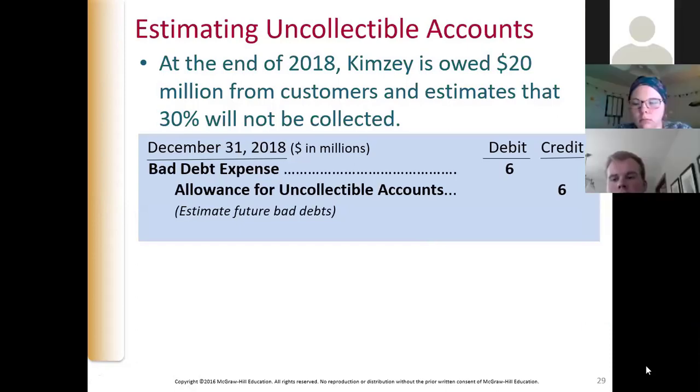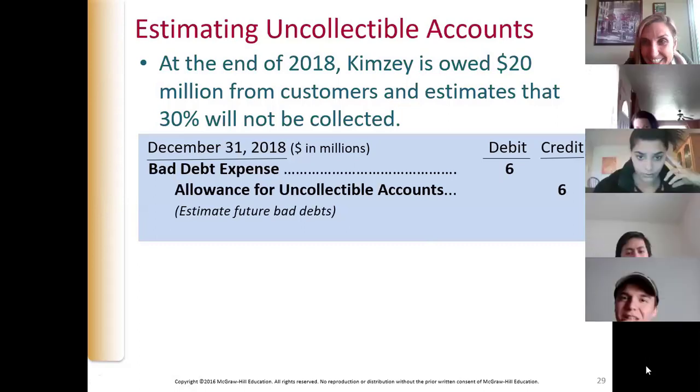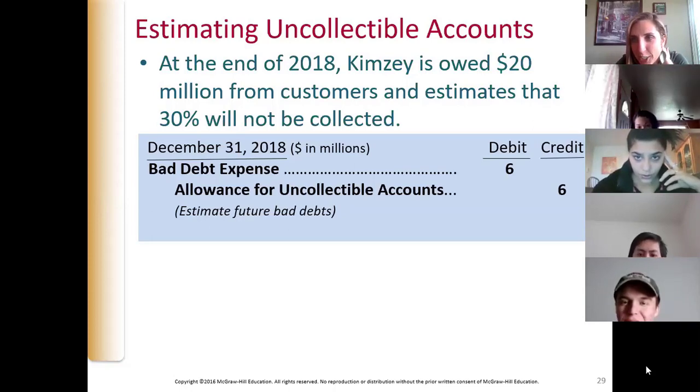And they always have a mama, right? Contras are the babies, right? So this account, allowance for uncollectible, it's a baby. Do you know who its mama is?